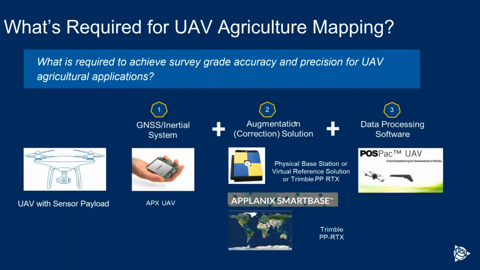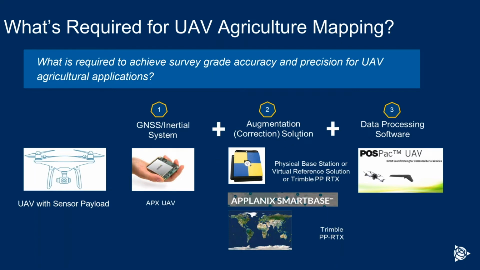So what's required for UAV agricultural mapping? Well, there are a number of different things. Of course, you need your core UAV and your sensor payload. That's core, and then to turn that into a professional survey-grade mapping solution, you need to add, as I explained previously, an integrated GNSS inertial system, such as the one I have displayed here, our APX-15.